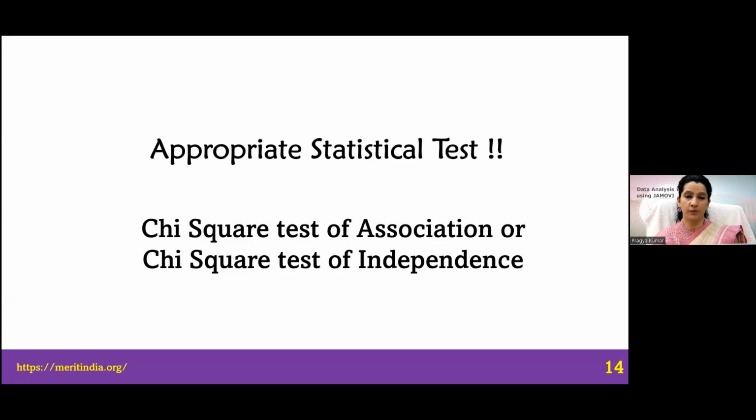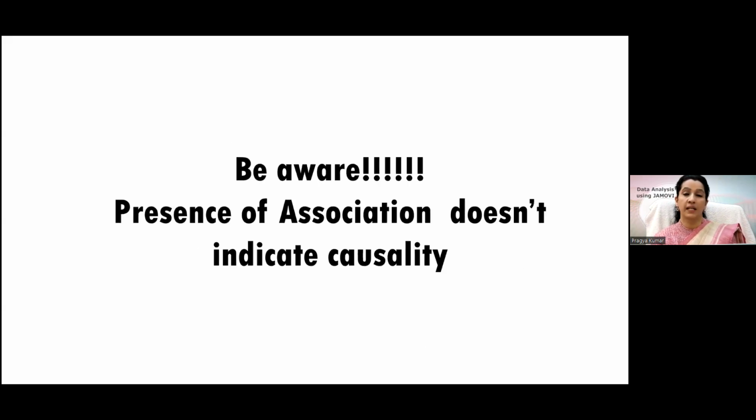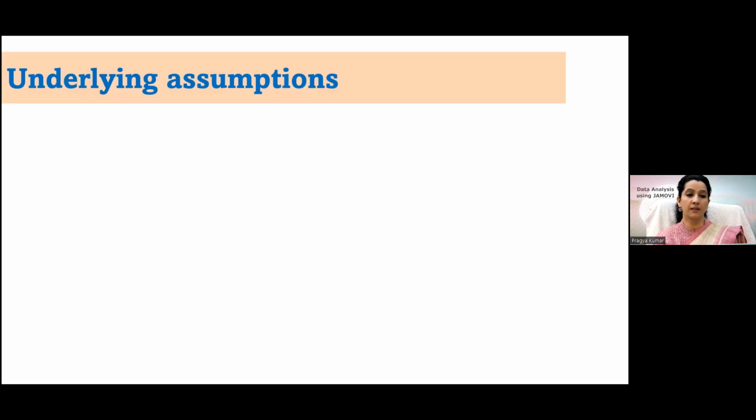But again, this association does not indicate causality, because for causality there are other criteria which need to be fulfilled. Here you are only conveying that yes, there is some association, and then for causality you can apply other statistical tests and other criteria.